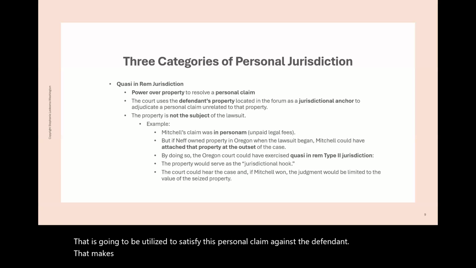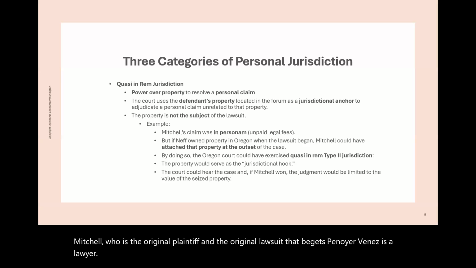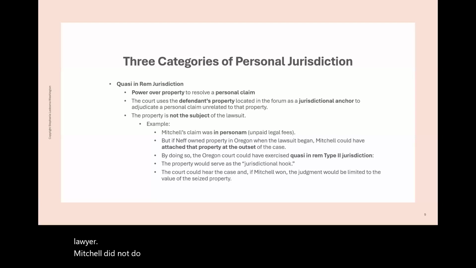So here's an example. Actually, the perfect example is Pennoyer v. Neff. Now, Mitchell, who is the original plaintiff in the original lawsuit that begets Pennoyer v. Neff, is a lawyer. Mitchell did not do this in this case, but Mitchell could have proceeded in this direction. Mitchell had a claim for unpaid attorney's fees from Neff.